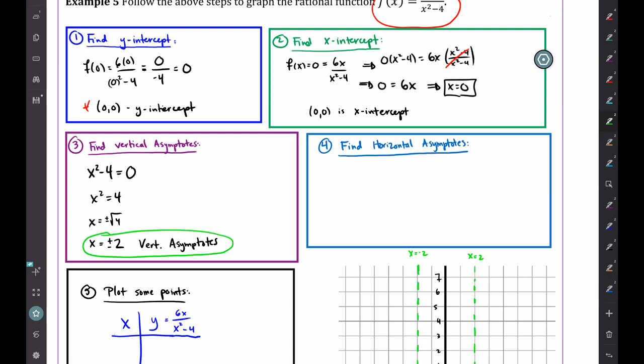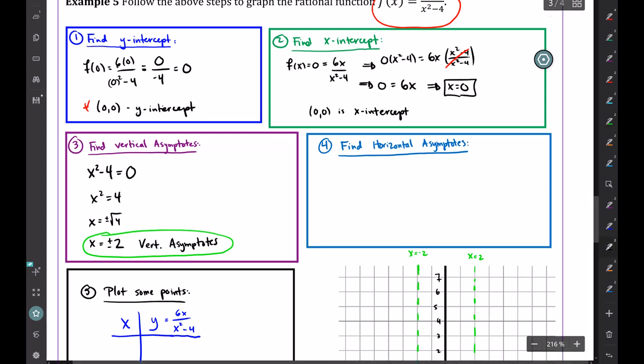Finally, we need to find the horizontal asymptotes. To do that, you look at the degree of the numerator over the degree of the denominator. Since f of x is equal to 6x over x squared minus 4, we're looking at the degree of the top, which is 1, divided by the degree of the bottom, which is 2.